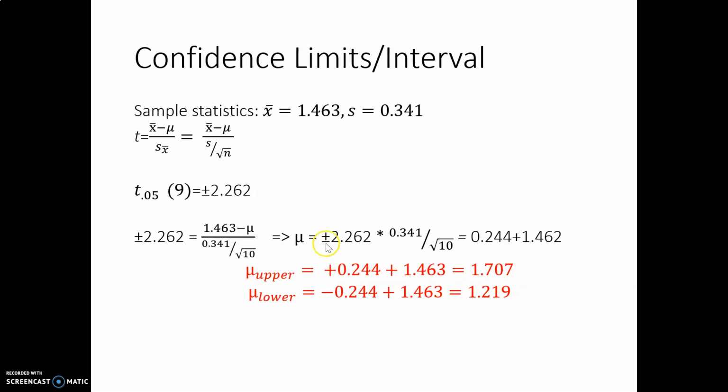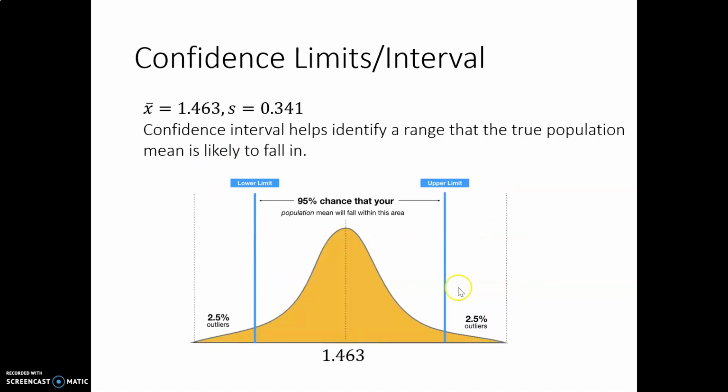And then we work on the negative 2.26 to work out the lower limit for our population's true mean, which is 1.219.